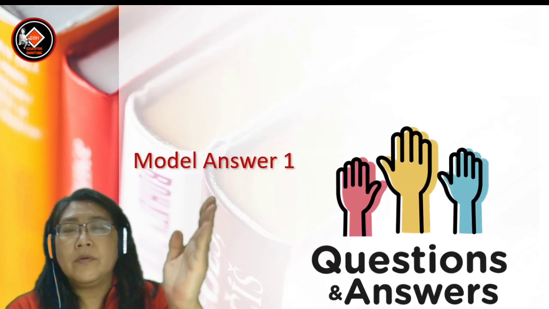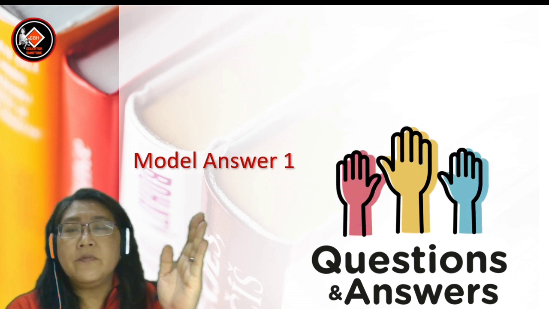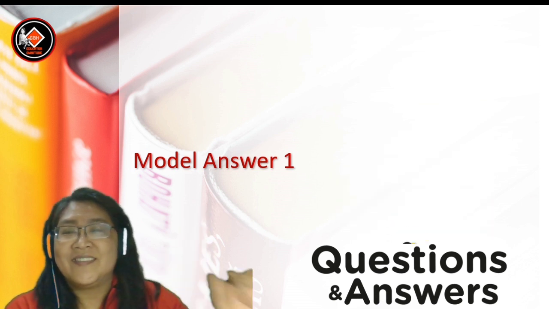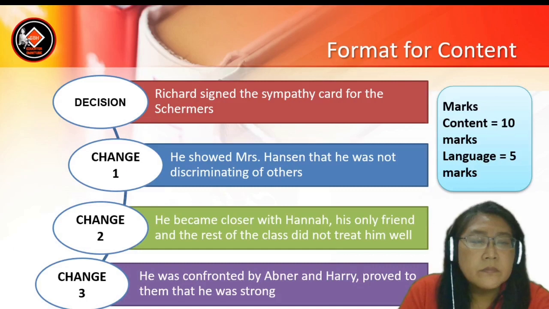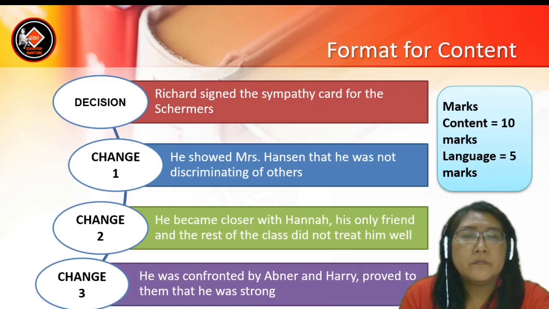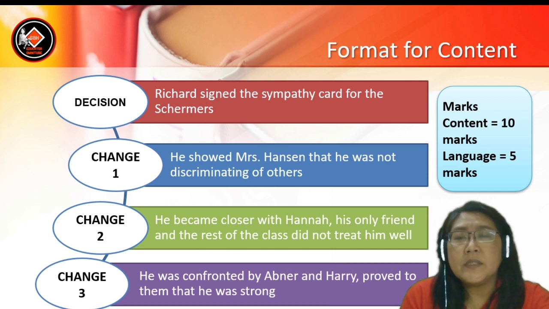Let's now look at the first order answer for the question. Let's look at the format for the content. First, we must have the decision. So you can write Richard signed the sympathy card for the Shermans, and then the changes in the character. Change number 1: he showed Mrs. Hanson that he was not discriminating of others.